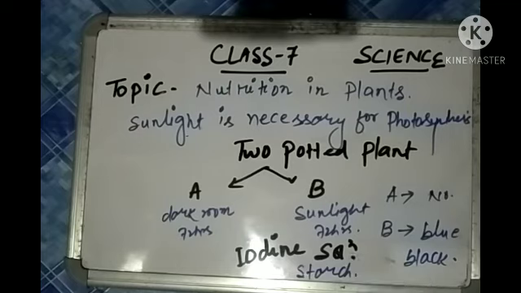So in plant B, starch is present. In plant A, starch is not present. So it confirms that sunlight is necessary for photosynthesis.